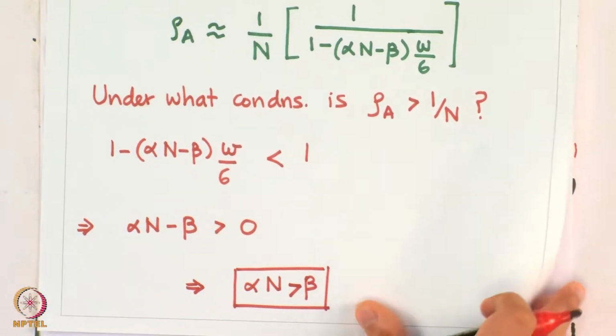And I already have expressions for alpha and beta in terms of A, B, C, D, the payoff matrix elements. If I plug those in, I get an inequality in terms of population size n and the elements of the payoff matrix, which helps me comment on under what conditions this mutant is more than randomly likely to go to fixation.